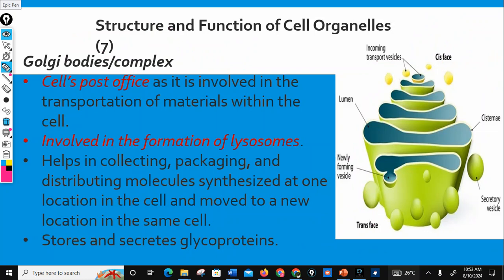We call it the cell's post office. Just like we call the nucleus the brain of the cell and mitochondria the powerhouse, we call these guys the cell's post office, as it is involved in transmission of materials within the cell.